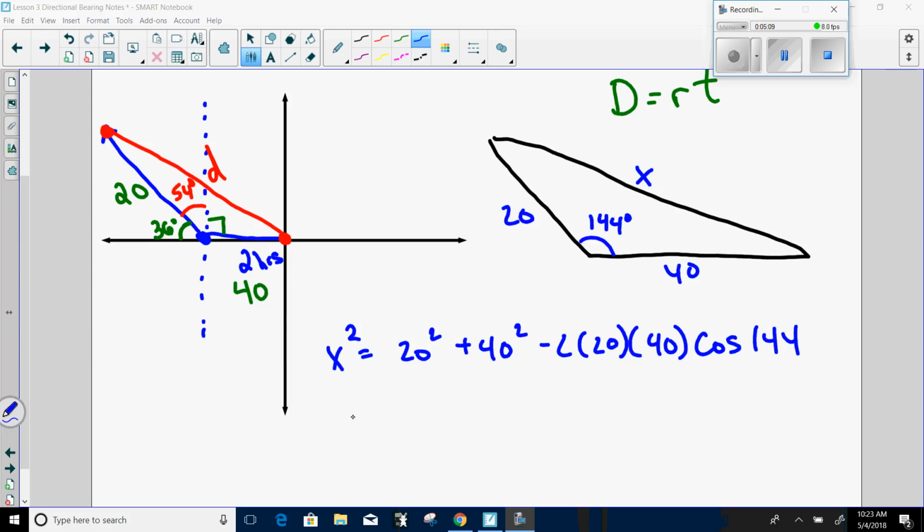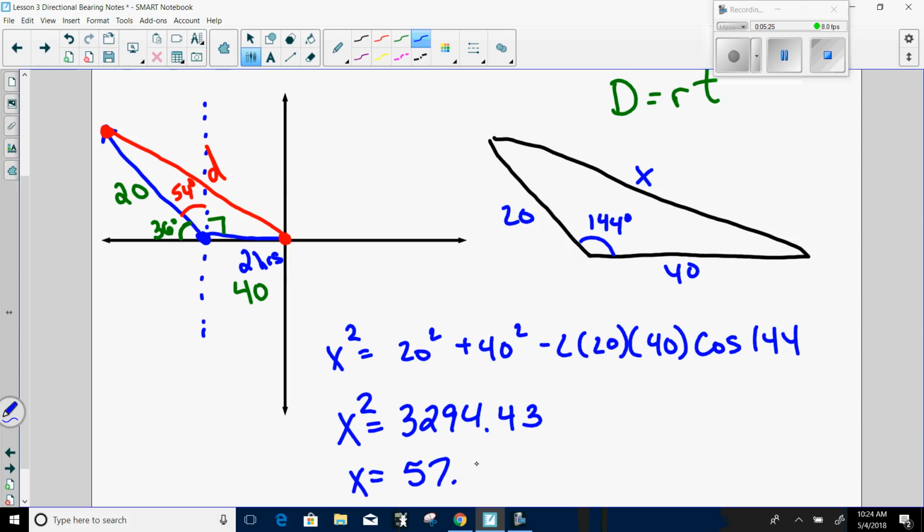When I type this into the calculator, I end up getting x squared equals 3,294.43. Take the square root of that and you get x equals 57.4 nautical miles.